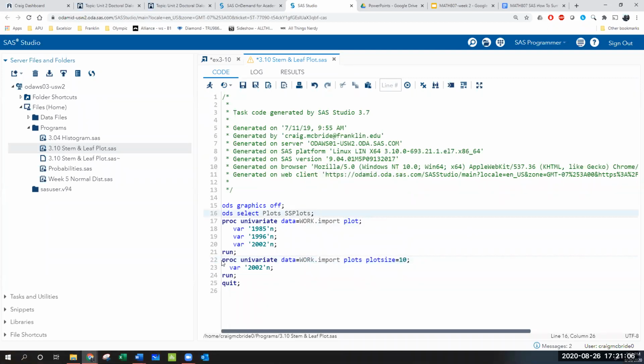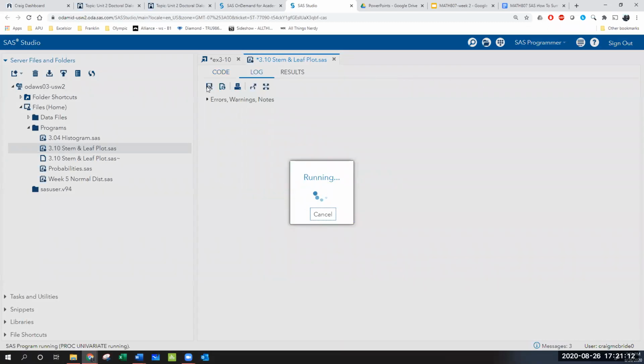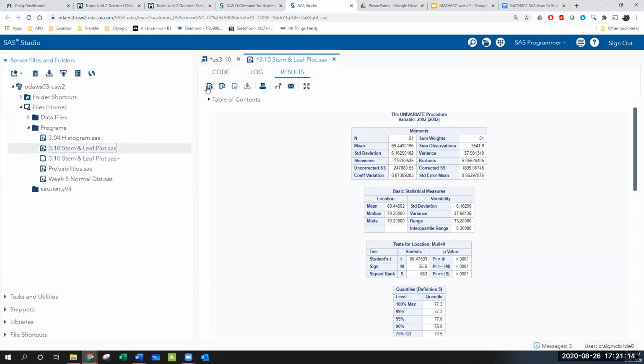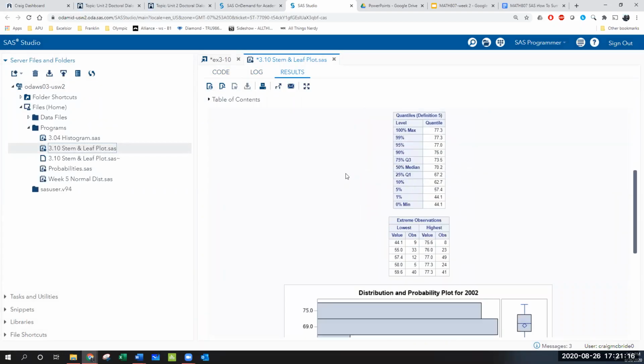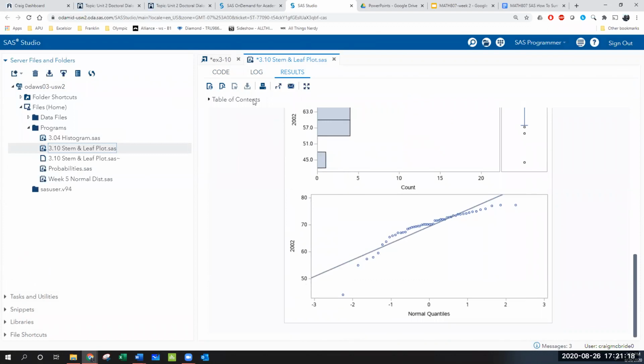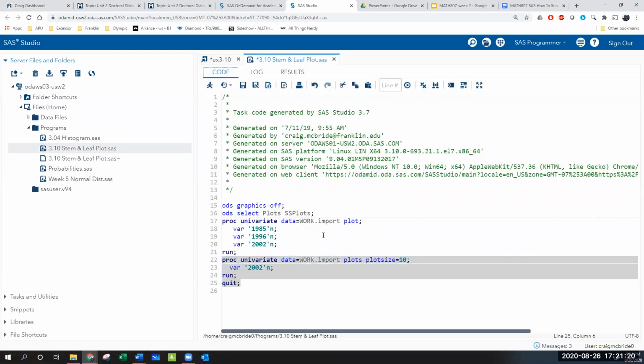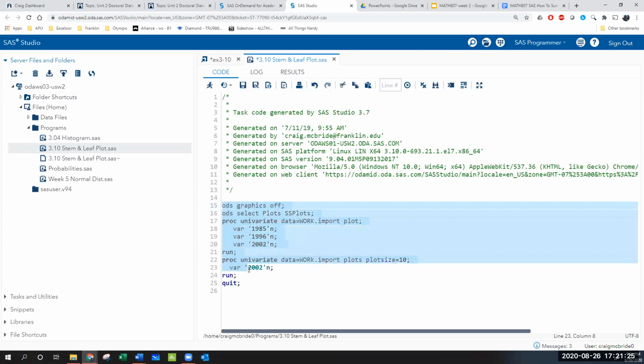Okay, let's see what this one does. Oh, I forgot to turn the ODS off. Sorry. Just run the whole thing.